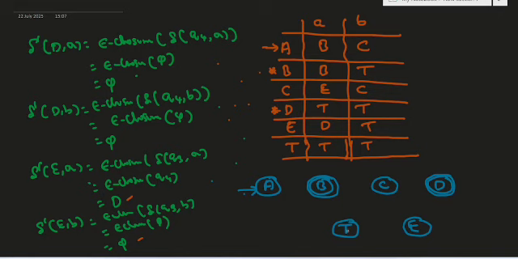Now, when A is applied, it goes to B. When B is applied, it goes to C, so we just make it here. In B, when A is applied, it goes to B itself, so I make a self loop here, A. In B, when B is applied, it goes to a trap state.